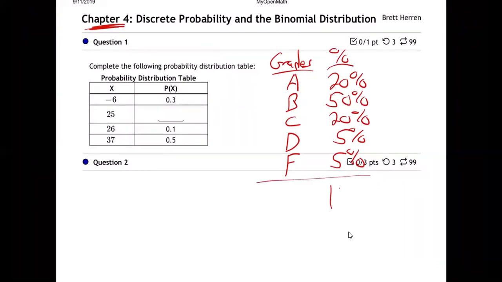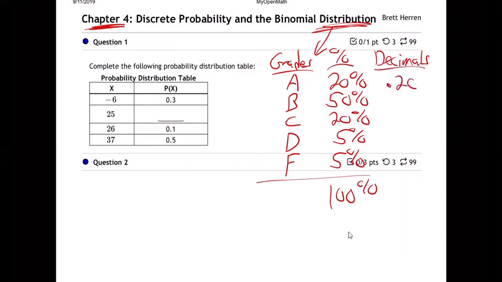So that adds up to what? 100%, right? So that would be called a distribution. This is a distribution of grades. Now I could turn those into decimals, couldn't I? I'm just showing you an example.